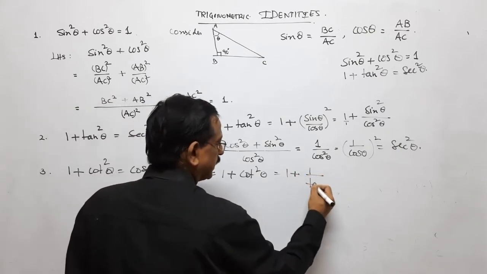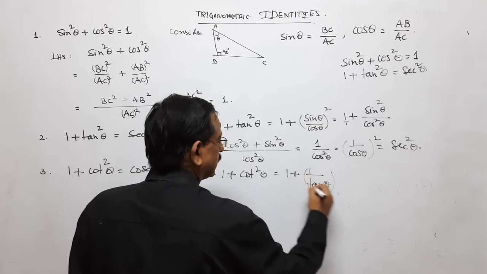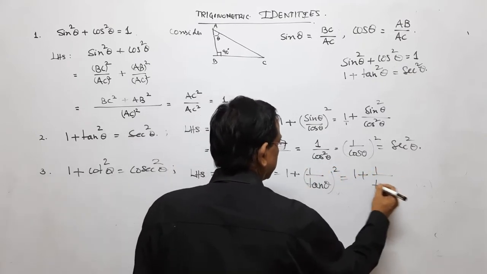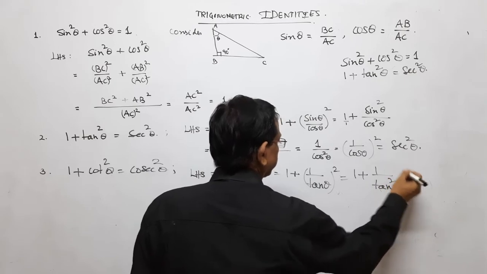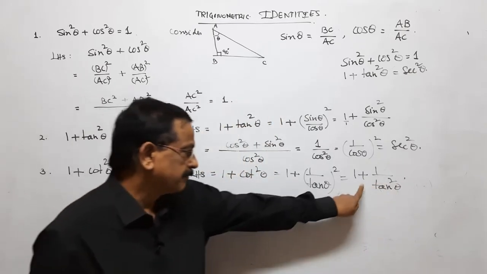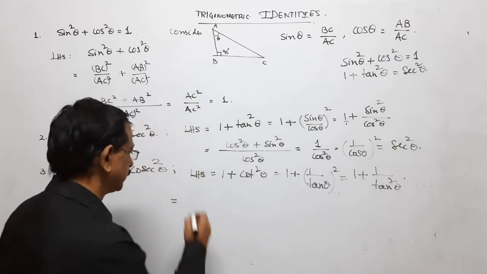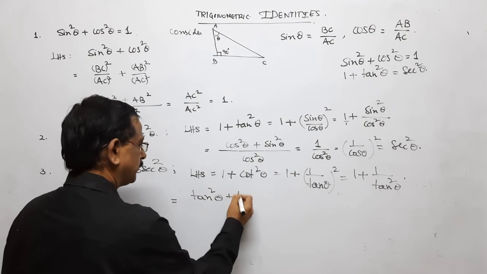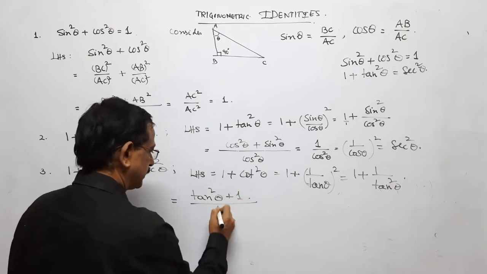So I can simply write down 1 by tan theta whole square, which is equal to 1 plus 1 by tan square theta, is equal to, take LCM, 1 plus 1 by tan square theta. So you will get tan square theta plus 1 by tan square theta.